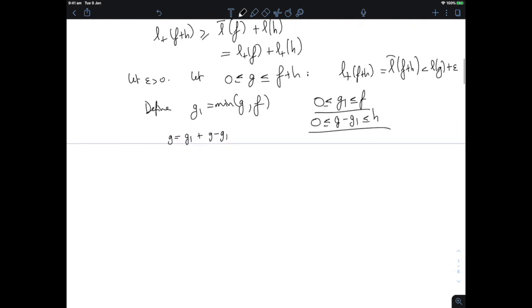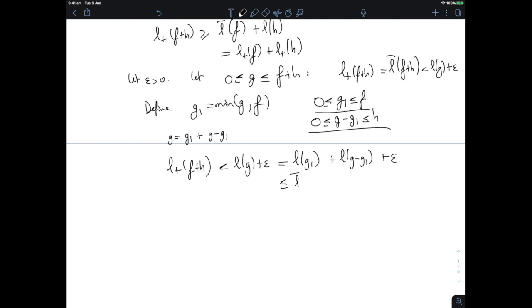So when I look at my L plus of f plus h, which is L bar of f plus h by positivity, this is smaller than L of g plus epsilon, which is equal to L of g1 plus L of g minus g1 plus epsilon. And now I can take a supremum, the L of g1 certainly is smaller than the supremum over all g1s between 0 and f.